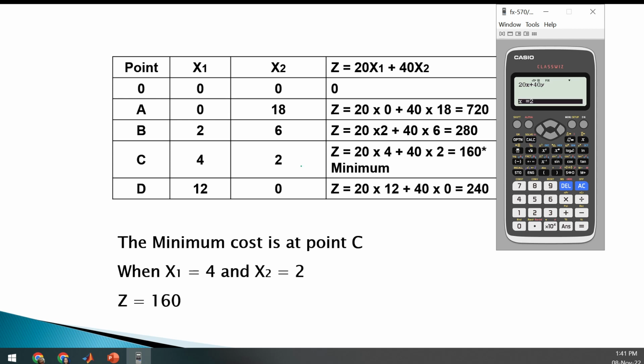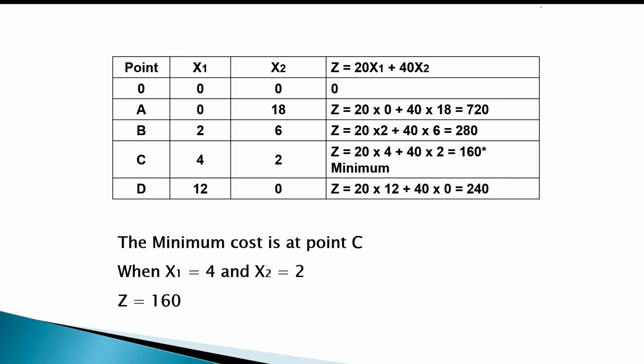Calculate again, C, x is 4, y is 2, so you get 160. Calculate again, D, x is 12, y is 0, so you get 240. So the z values are 0, 720, 280, 160, 240.